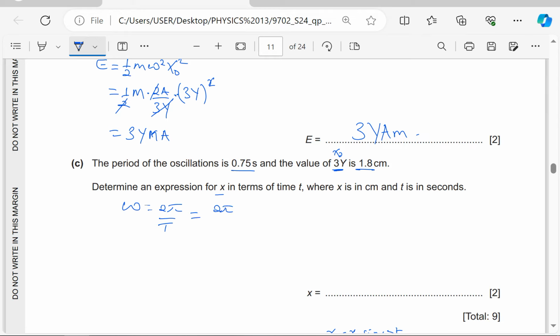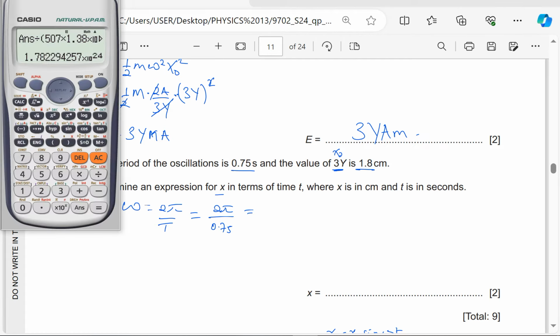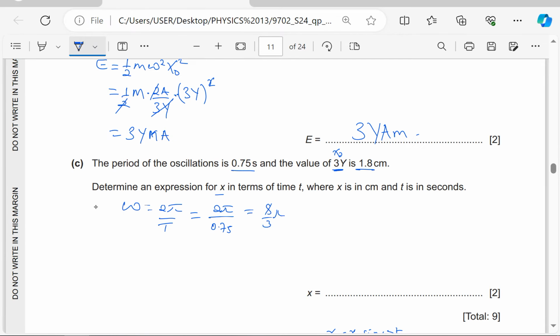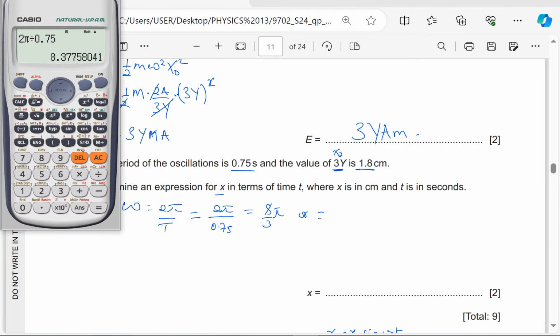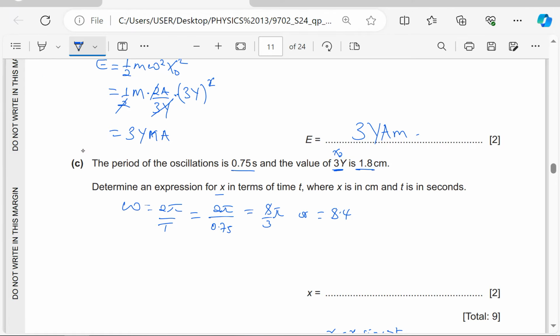So this will be 2 pi divided by the period T, which has been given as 0.75. So 2 pi divided by 0.75, what is this? I think that is 8 over 3 pi, or 8.4. Of course, this is radians per second.